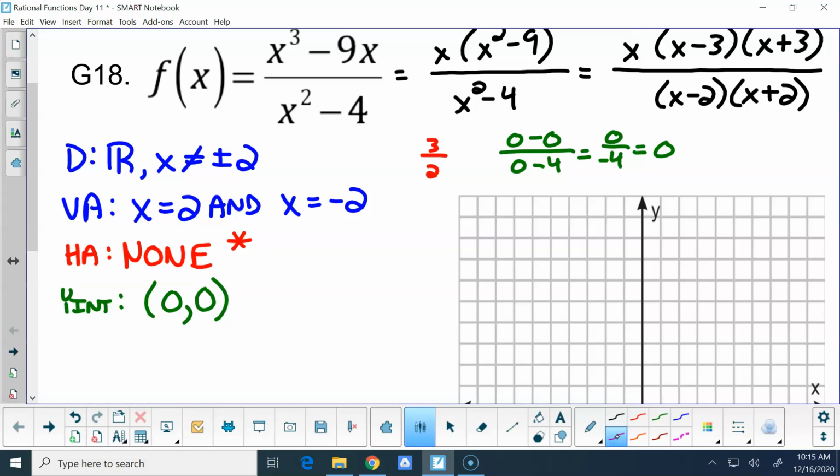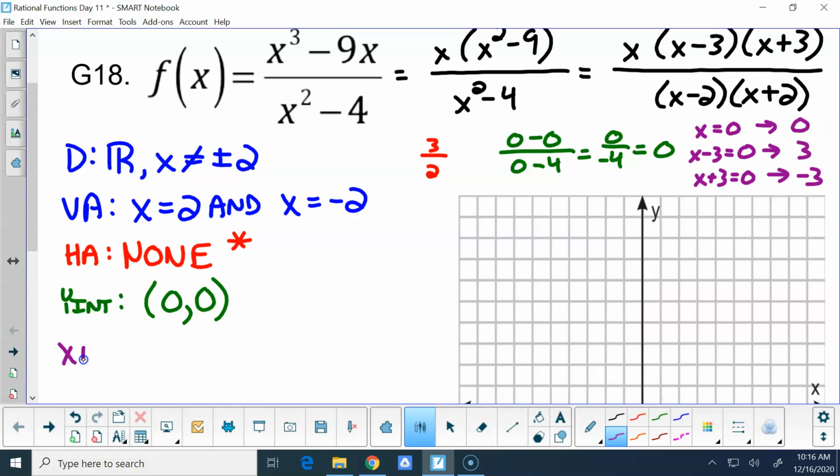X-intercept, I take the numerator, and I set all the factors equal to 0. And I get 3 x-intercepts.